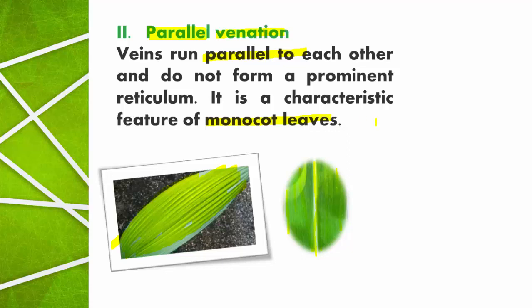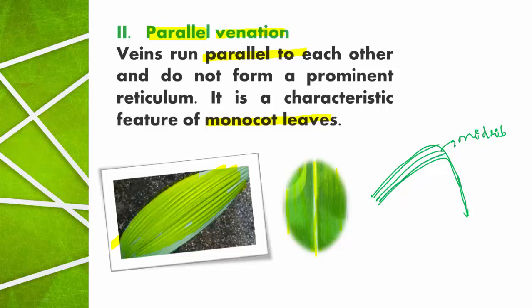Then what is the difference between the dicot leaf and monocot leaf in other structure? As I just explained, in a dicot leaf the dorsal surface is dark green in color and the ventral surface is light green. That kind of differentiation is not present in the monocot leaf. If this is the monocot leaf, in the center I will mark the midrib, and veins run parallel to the midrib.